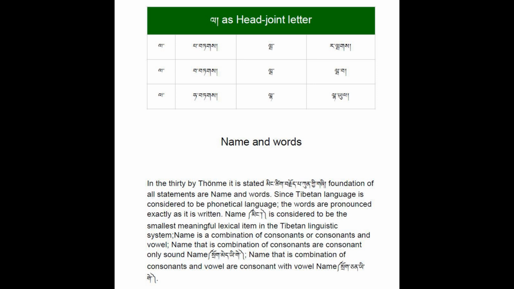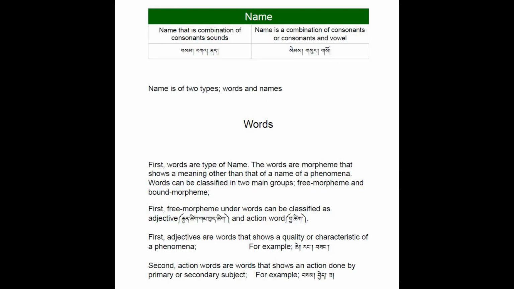So a name can either be formed by consonants, known as consonant-only sound, or by the combination of both consonant and vowel, called consonant with vowel name. The consonant-only names are known as someiki. Sok means the essence, so the essential sounds are the vowels.